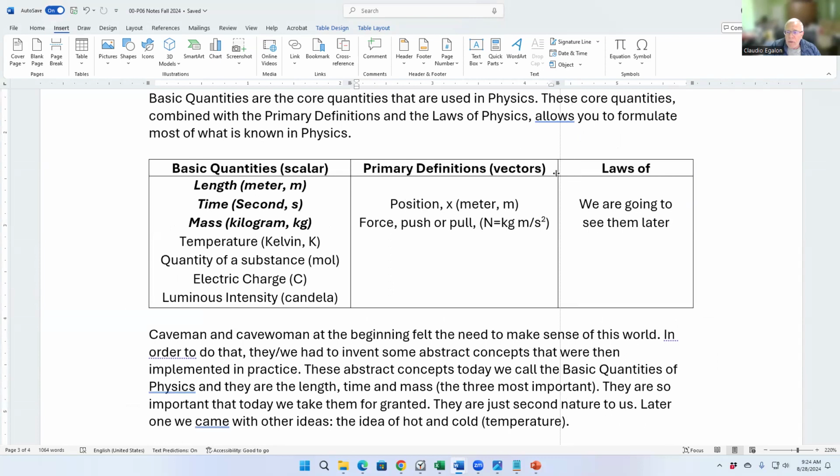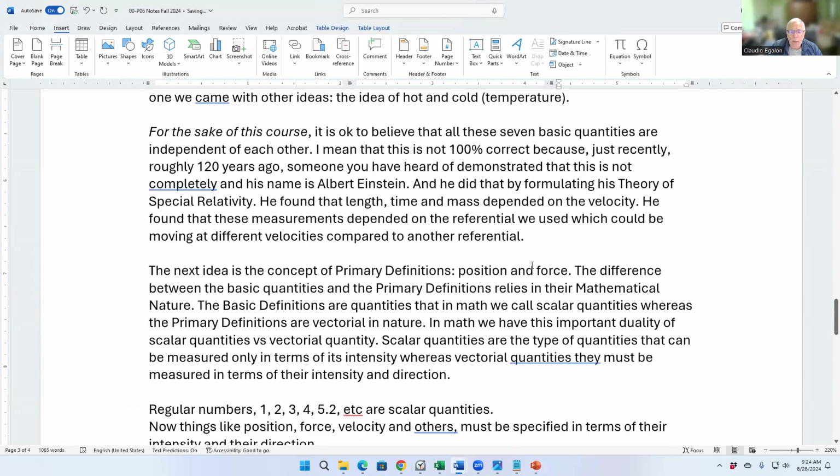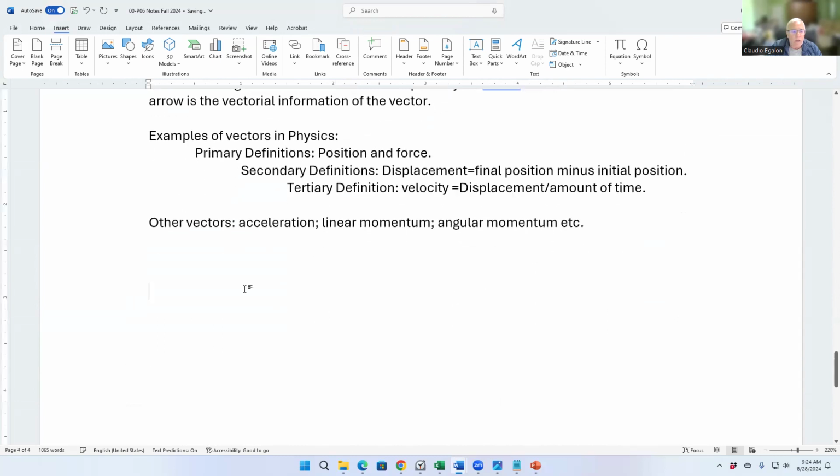We're going to see them very soon. But I'm going to elaborate just a little bit on the laws of physics here. What about the laws of physics, or the laws of nature?